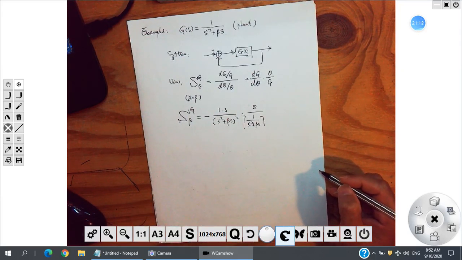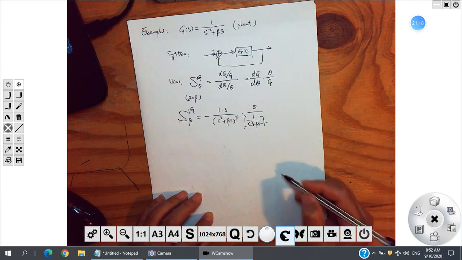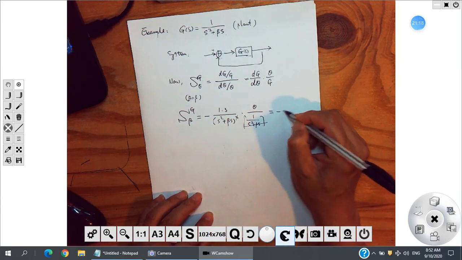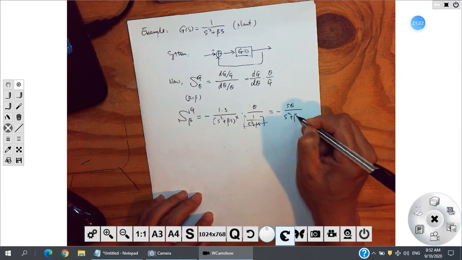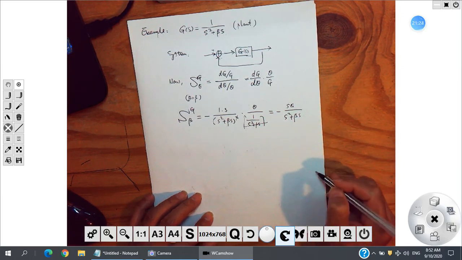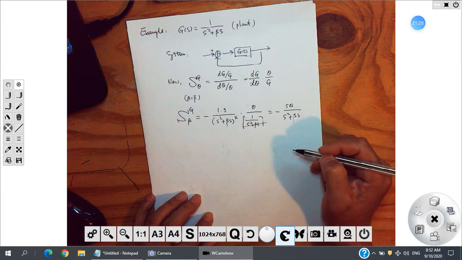Okay, we can do some simplification. This square can be cancelled with these, so the final answer is negative s theta over s squared plus beta s. So this is the sensitivity. It's still a function of s.